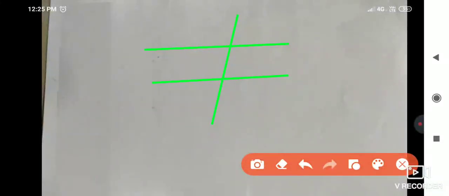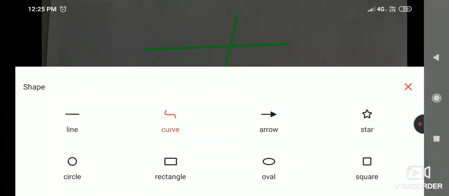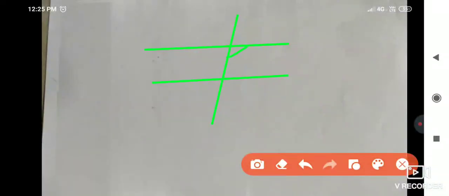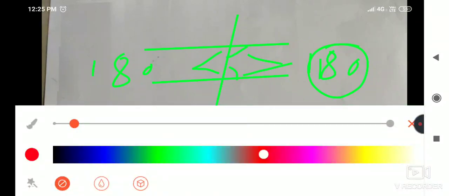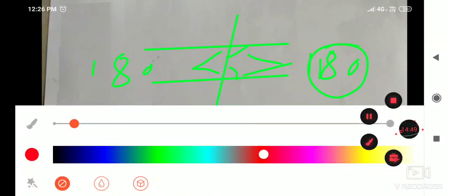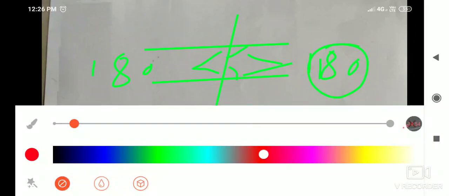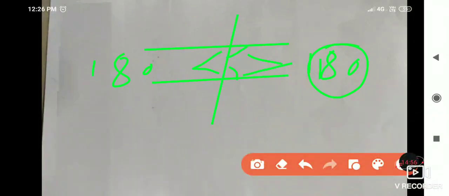And if you measure these 2 interior angles, you will get that their sum is 180 degrees. If the sum is less than 180, then these 2 lines are not parallel to each other. They are called intersecting lines.